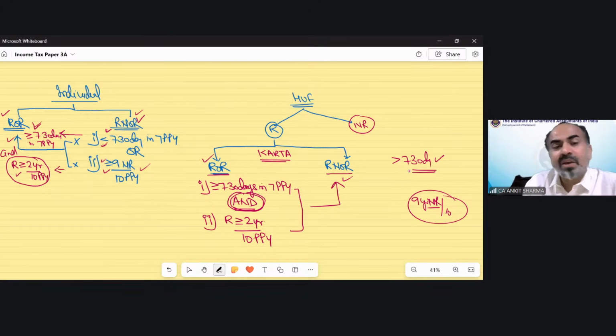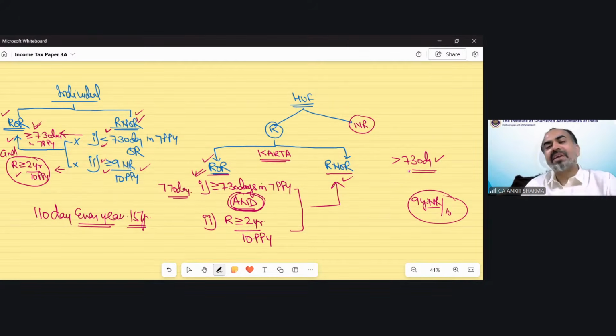If you see the example in which the foreign person was coming into India for 110 days every year, in the last example we went through this for the last 15 years. If you apply this point of view on that individual, he is 770 days in India in 7 preceding years. This is fulfilled. And he is 2 years resident. We have seen in the last 2 years, he became resident.